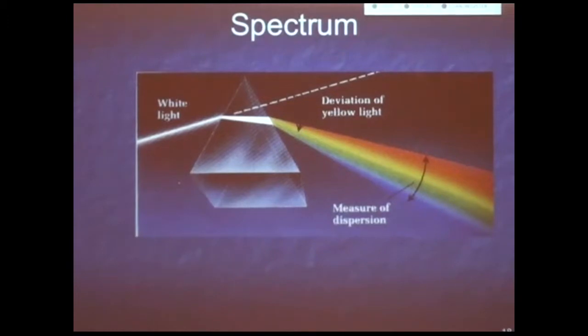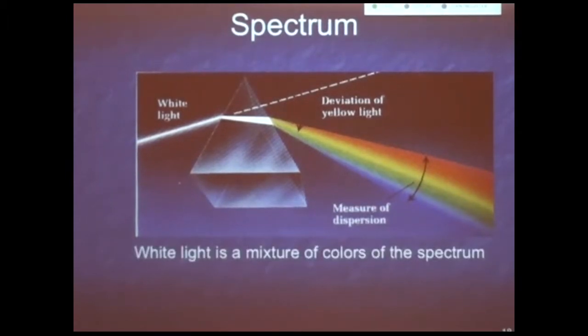That's called dispersion. It bends the blue the most, so that's why the blue separates from the red, which bends the least. And so that's why the white light is broken up into its spectrum. People knew from Newton's wonderful work that white light is a mixture of the colors of the spectrum.